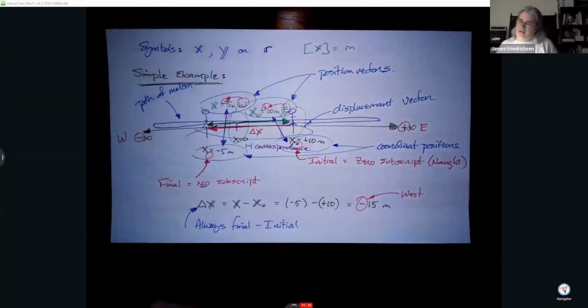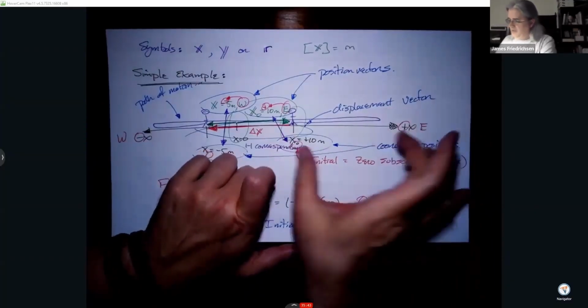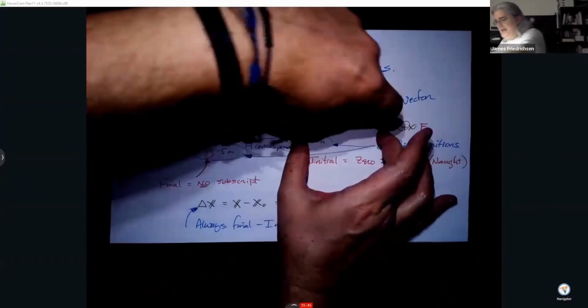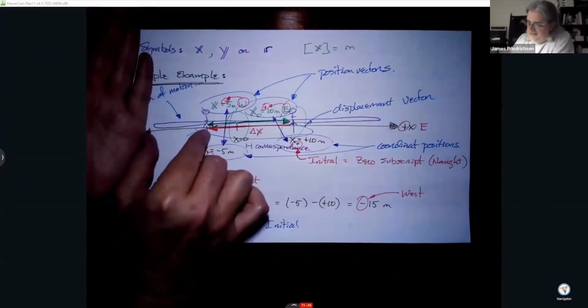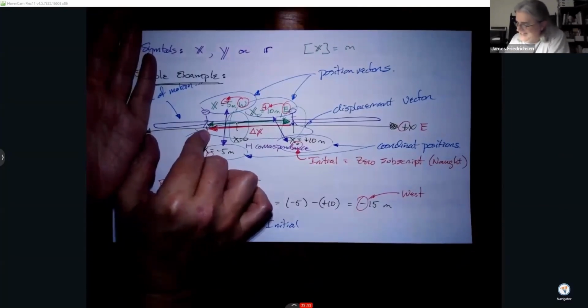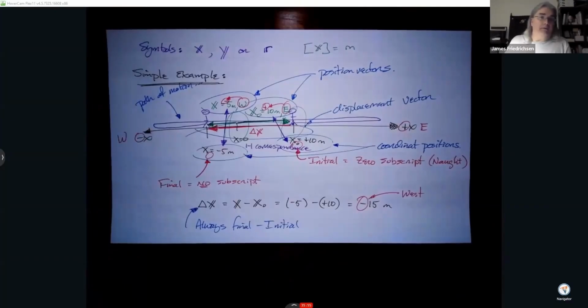In order to calculate the distance, we would probably need to know what this coordinate was, calculate that distance, then from here to this coordinate, calculate that distance, and then from here to the final position, calculate that distance, and add all three of them up, and we could get how long the path was. But again, there's not really a simple formula per se that will give you the distance traveled.